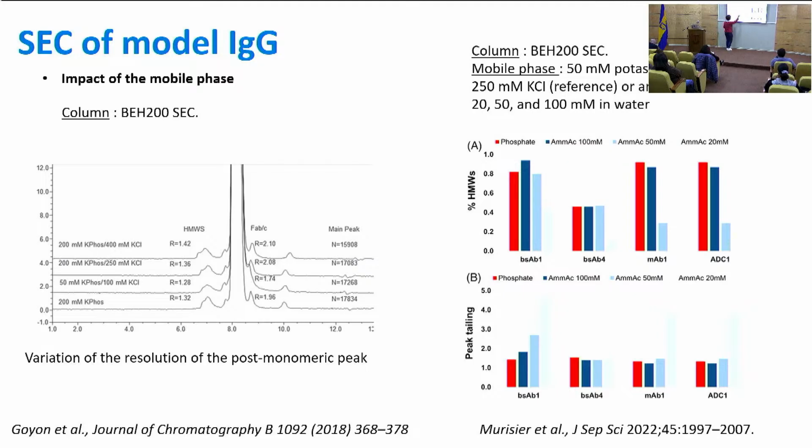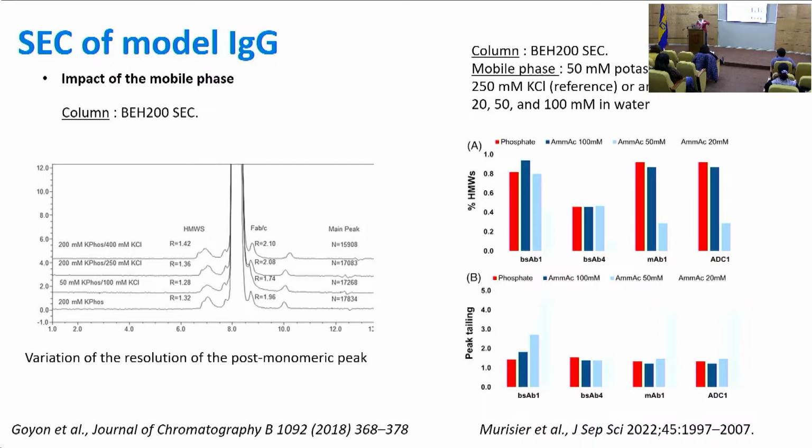For instance, if the separation between this fragment and the monomeric peak is not sufficient, sometimes this one could be hidden. And if it's hidden, the interpretation could be wrong because you would say, okay, but there is no truncated form of the maps. So it's important to be sure that we can identify all the species present in the drug products analyzed here.